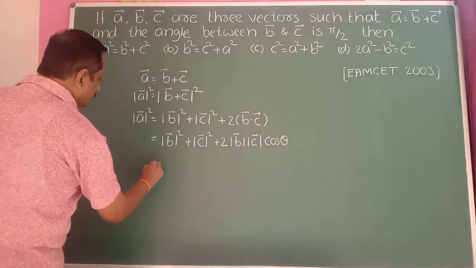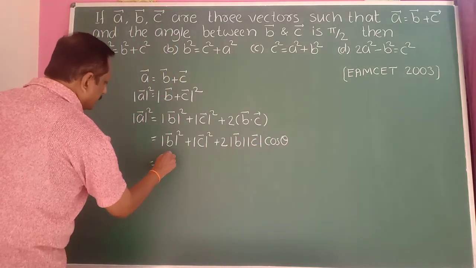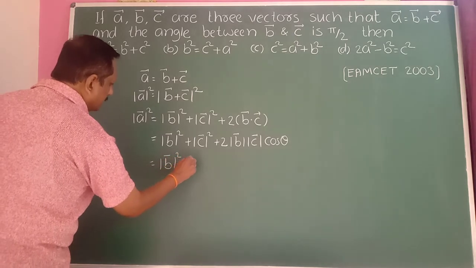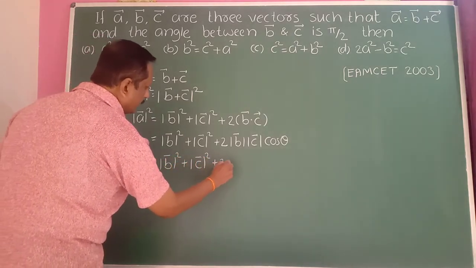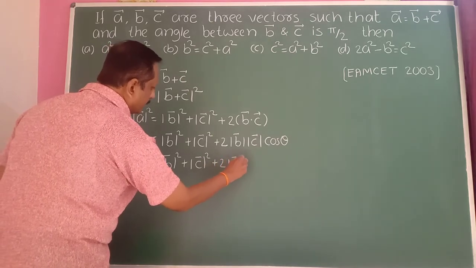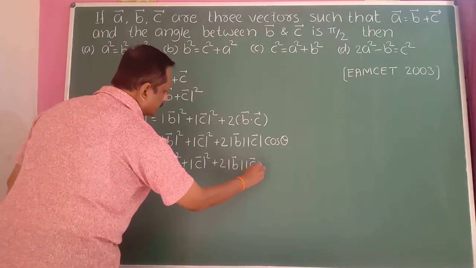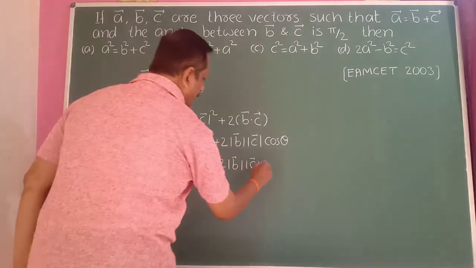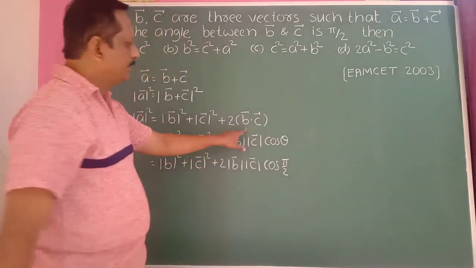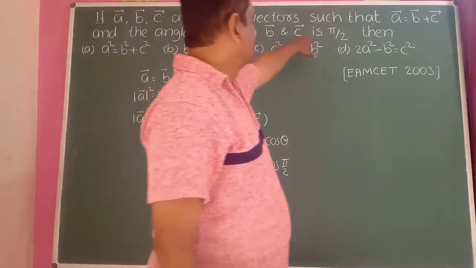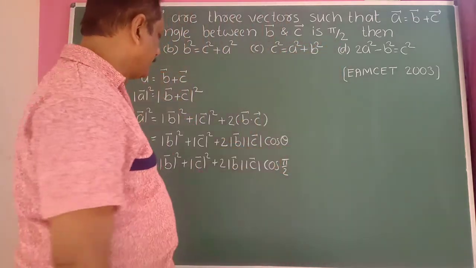Therefore this is equal to modulus of B bar square plus modulus of C bar square plus 2 into modulus of B bar into modulus of C bar into cos of pi by 2, because they have given that the angle between B bar and C bar is pi by 2. Theta is pi by 2.